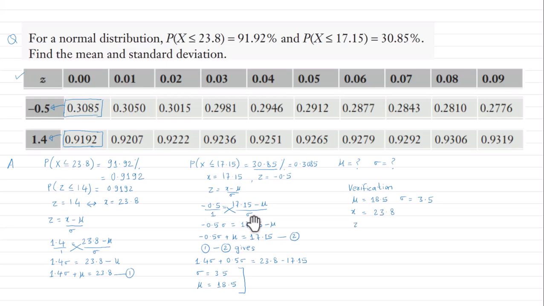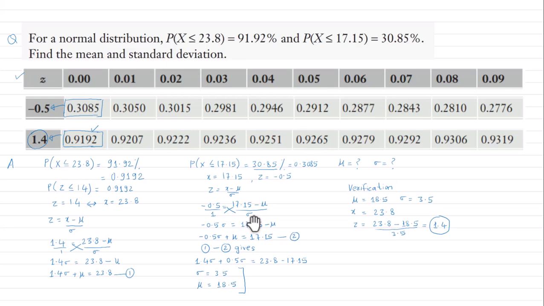Z value will be 23.8 minus mu, which is 18.5, over sigma, which is 3.5, and the Z value that I am getting is 1.4. With this Z value as 1.4, it is matching with what is given in the table to satisfy the condition that the probability is 91.92%.